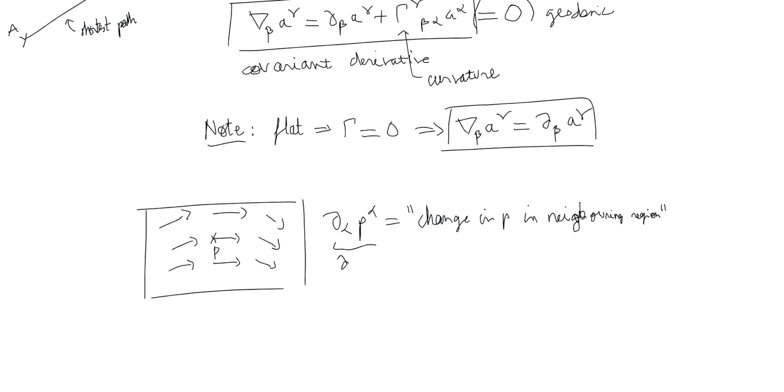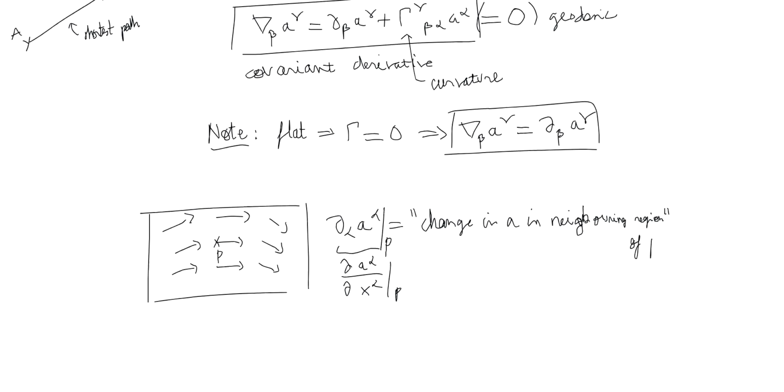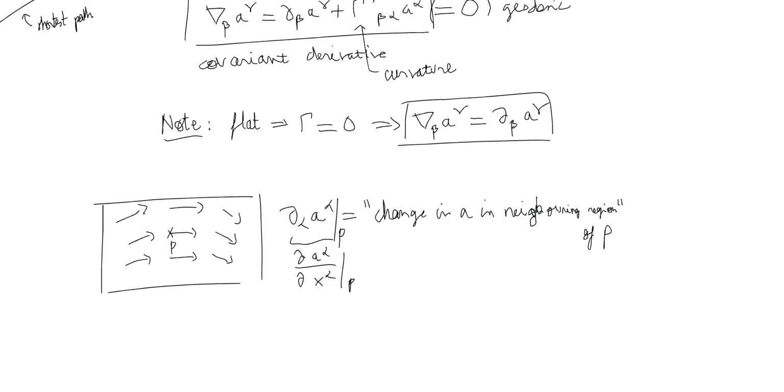So taking the partial derivative of my vector field at point P, and now I realize that it should be A alpha at point P, this represents the change in the vector field A in the neighboring region of my point P. Okay, but this is flat.